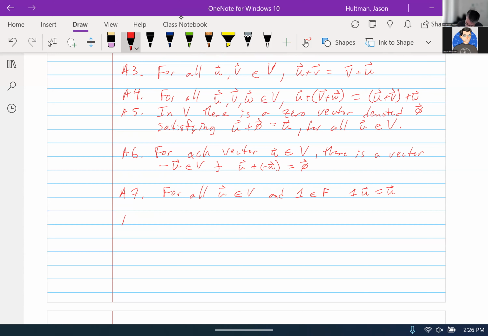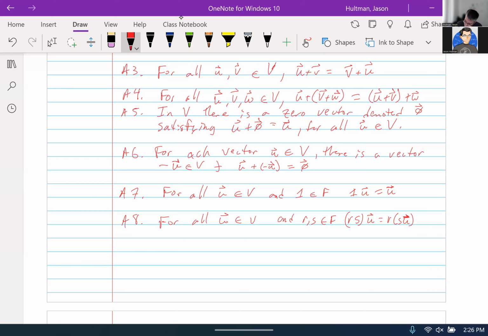A8: for all u in V, and r, s in F, so r, s are scalars, (rs) of u is equal to r times (su).